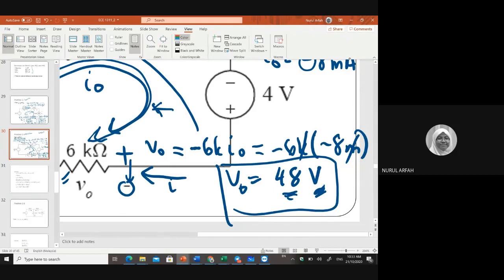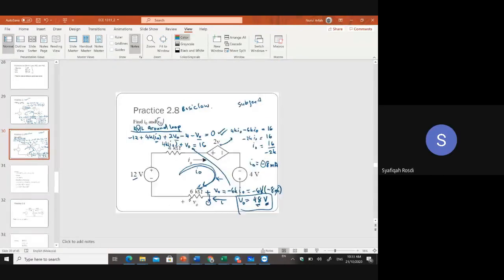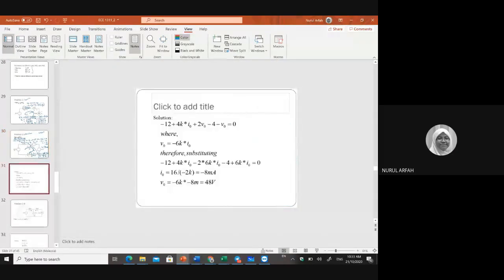Let's say the prefix is micro, it's hard to write micro, so you just write u of something. If milli, then just milli, maybe millivolt, then you write down millivolt. 48 something millivolt. Because the system will mark your question.